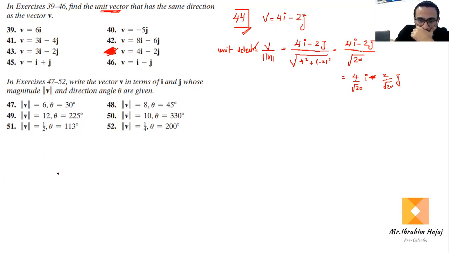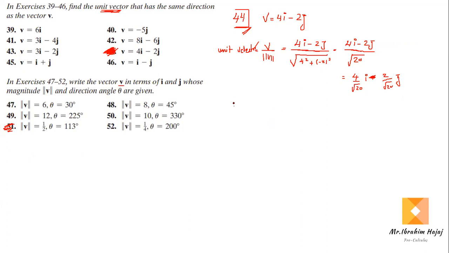Saif Amjad, question number 51. In this question, we would like to write the vector in terms of i and j. Write the vector v in terms of i and j.